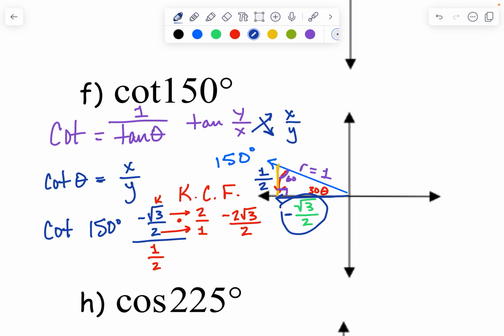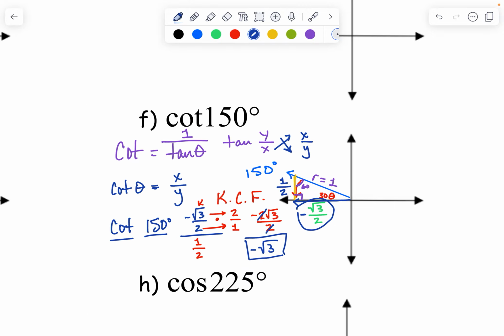And if you look, these 2's cancel out. So my answer is negative square root of 3. That is the exact cotangent of 150 degrees.